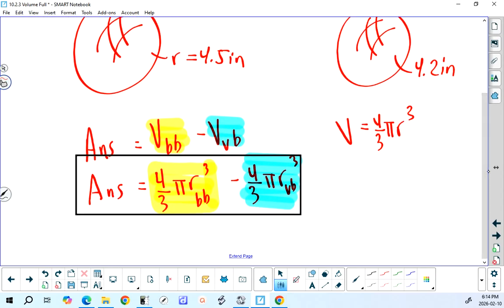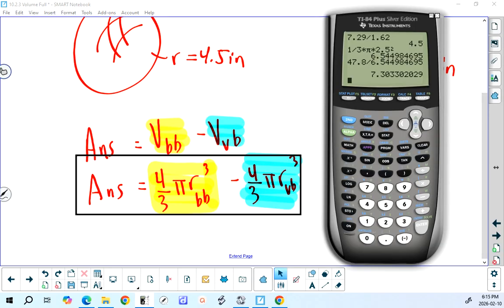You know, I'm not saying don't write stuff down, but there comes a point where you don't have to write stuff down all the time. I can just enter this in my calculator in one fell swoop, which means in one shot. 4 divided by 3 times pi times 4.5 raised to the 3. 4/3 pi r cubed.